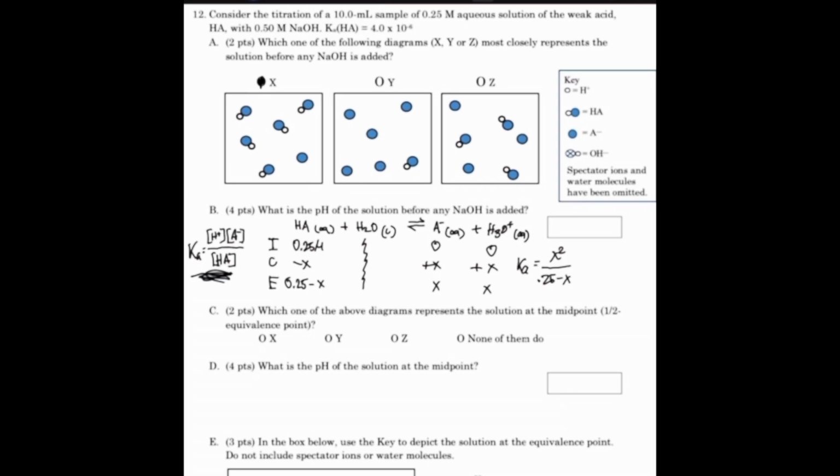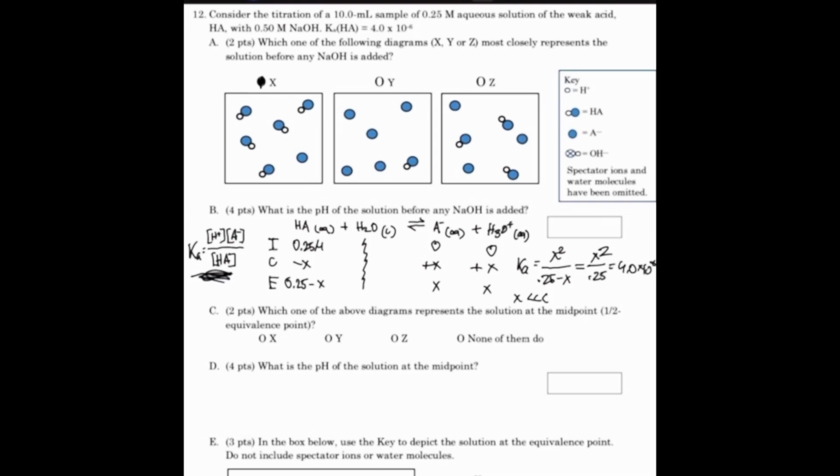Now this x value is very small, so when you're solving this problem, you can consider the x on the bottom to be 0. So you get x squared over 0.25 is equal to your Ka, which is 4.0 times 10 to the negative 6th.